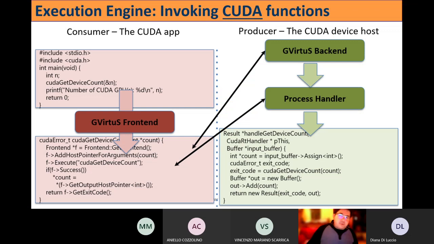And this is an example of how a CUDA function is invoked. If you are familiar with CUDA programs, the first thing that has to be done with CUDA is to initialize the context, and in this case we want to get the number of CUDA devices.